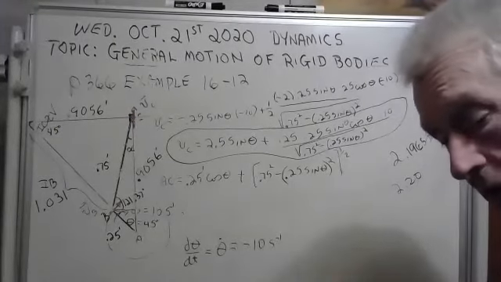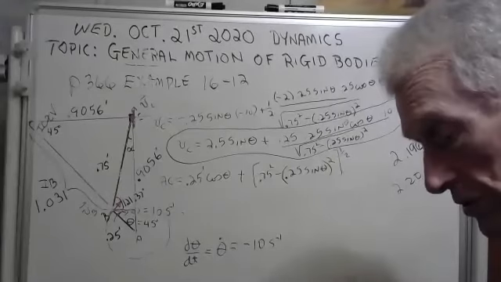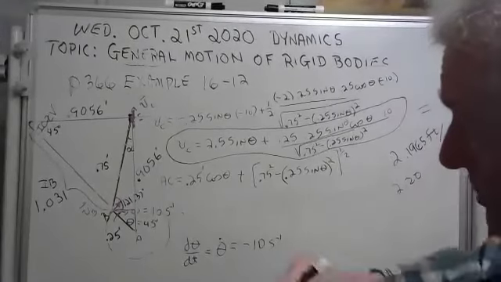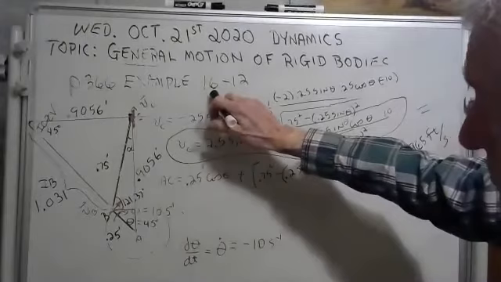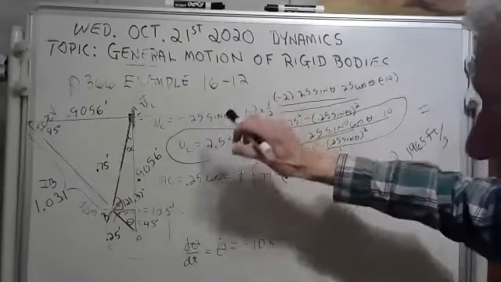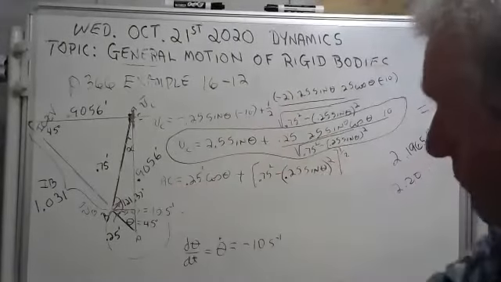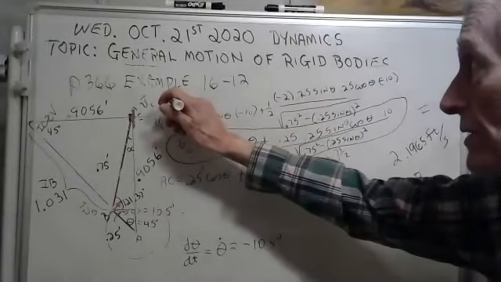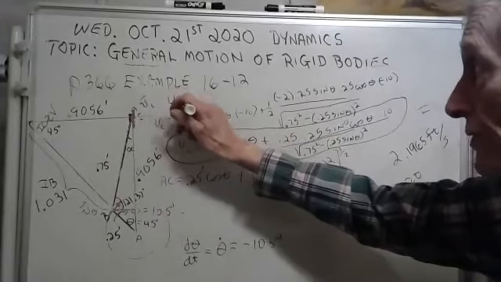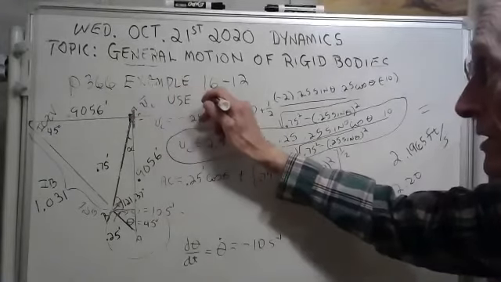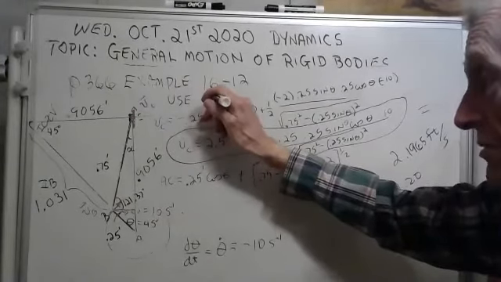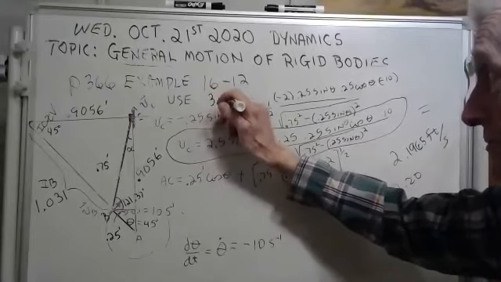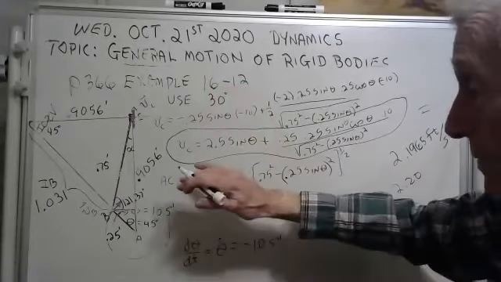Well, we got 1 minute left in our class, and here's what I want you to do. Now, on the homework, it says you're supposed to do example 1612. But see, we've already done it for 45 degrees. Let's change the angle. Instead of using 45 degrees, use, I don't know, maybe 30 degrees. This is your homework.